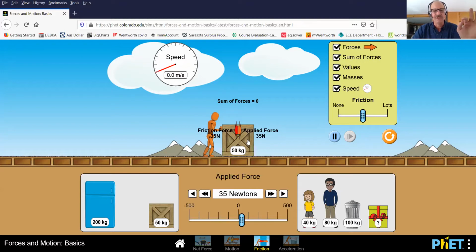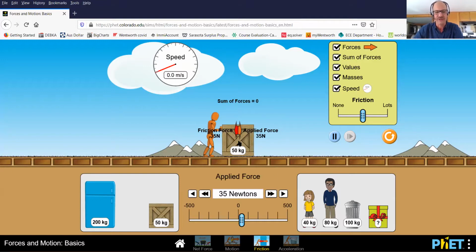Then I want you to decrease that force so that you can give me the kinetic coefficient of friction. And I can tell you right now, the kinetic coefficient of friction is always less than the static coefficient of friction. Once you get it going, you want it to keep going. You don't want to stop again and have to overcome the higher force you needed to get it started.